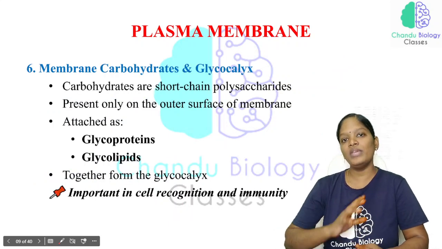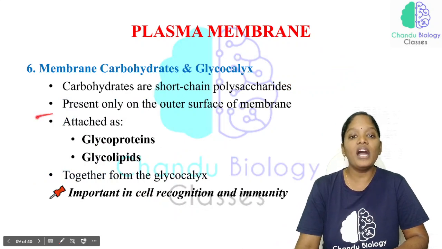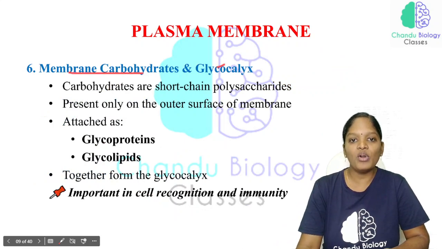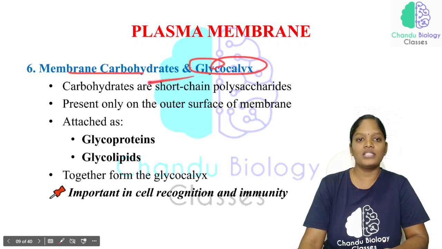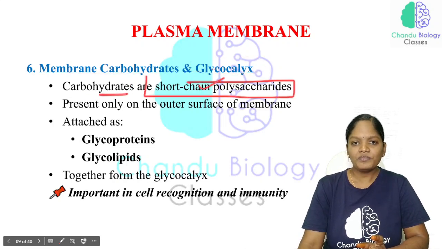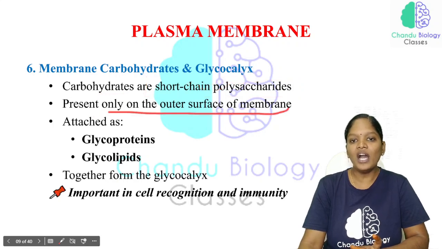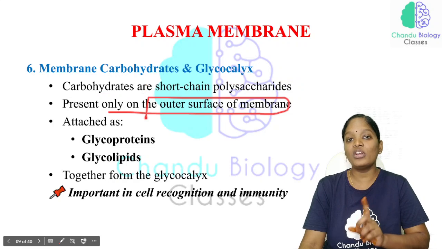Now we have studied the lipids and the proteins. Now comes the carbohydrates. Okay, membrane carbohydrates, now the glycocalyx. See, carbohydrates are short chain polysaccharides. They are present only on the outer surface of the membrane, not on the inner surface.